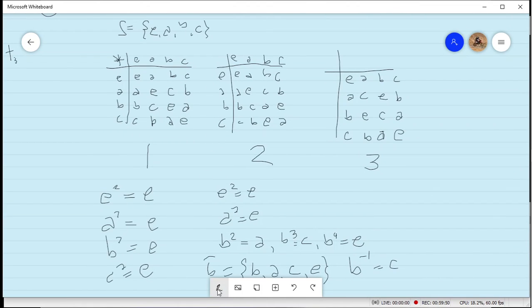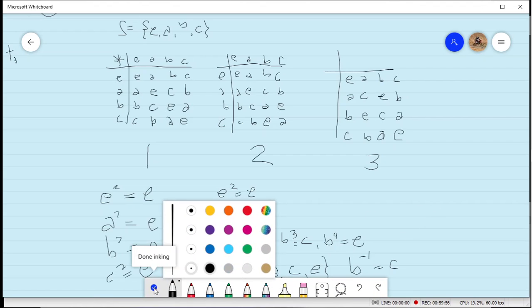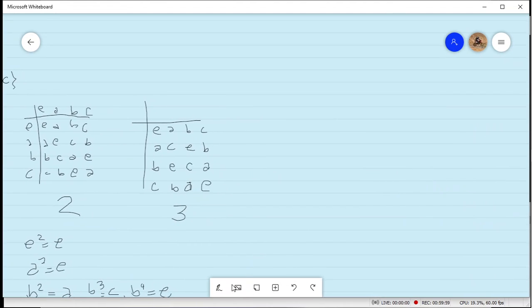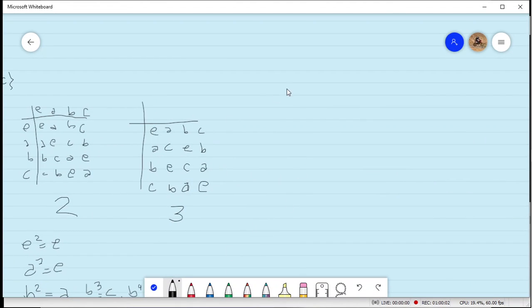Okay, so we see that this table here is not isomorphic to this. But if we investigate the table we obtained in our third attempt, table 3, again, powers of E will just be itself. A squared, A operation A is C. A cube, that is C operation A, C operation A is E. Right?